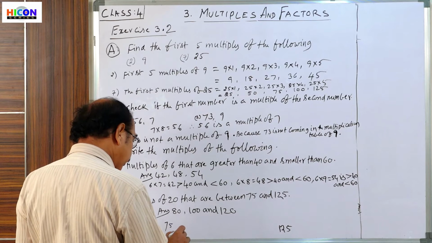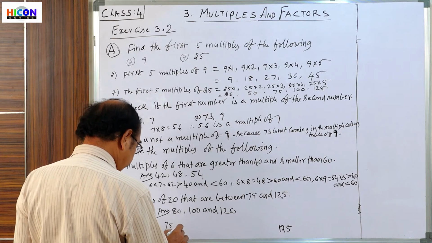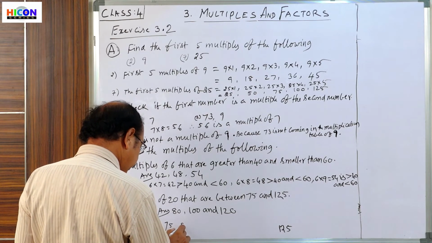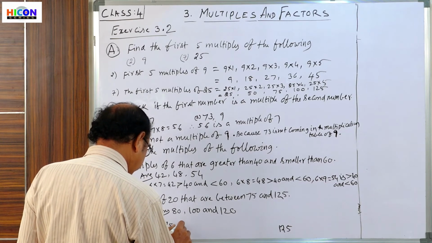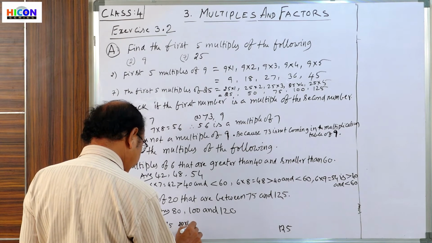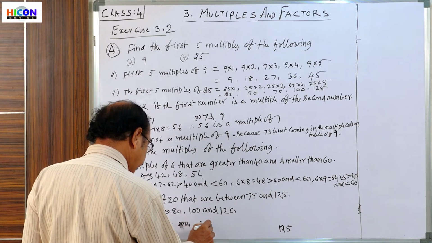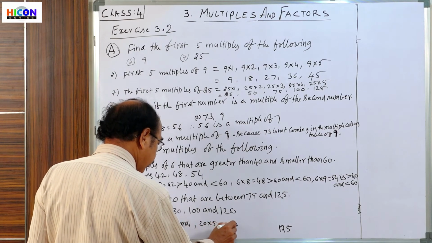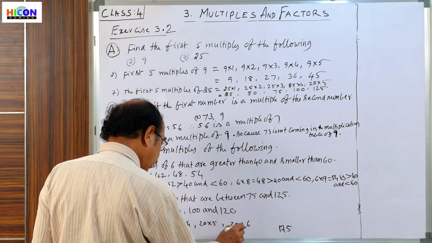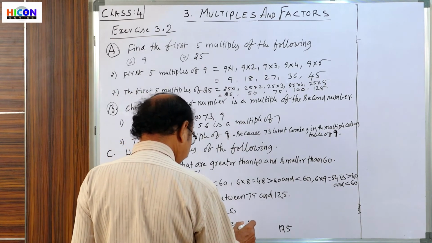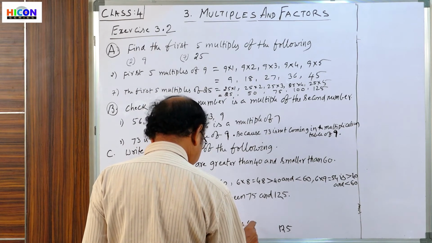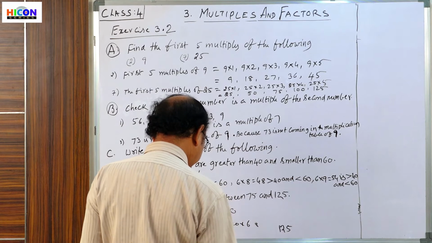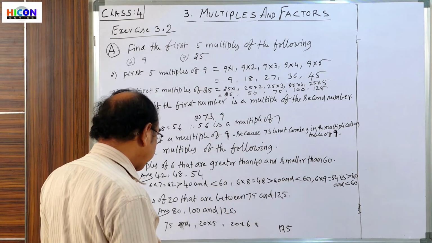Okay, that means 20 fours are 80. Here, I will write: 20 into 4, 20 fours are 80. 20 fives are 100. 20 sixes are 120. Okay, 20 into 6. That is enough. 80, 100, 120.